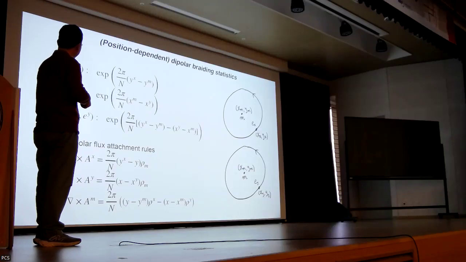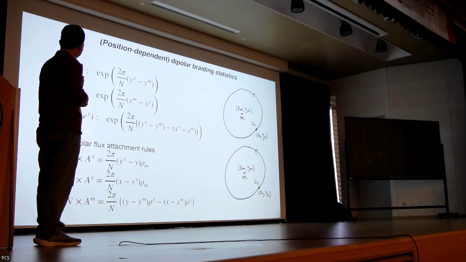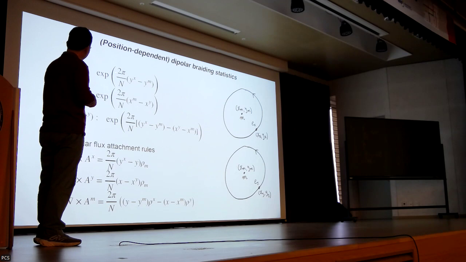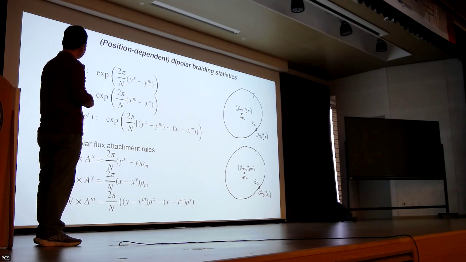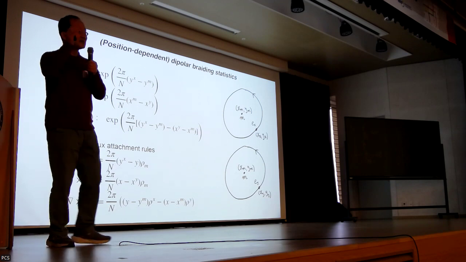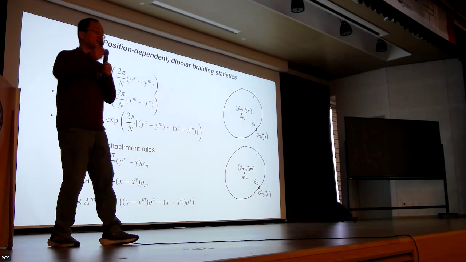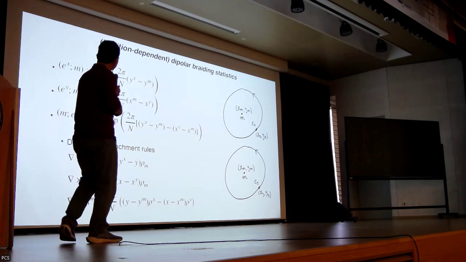So again, a different way of putting it is that if I braid one of these EX anyons around the M anyon, the phase factor that I pick up will be i times this thing. If I just had 2π/n, where n is some integer, that's just fractional statistics.